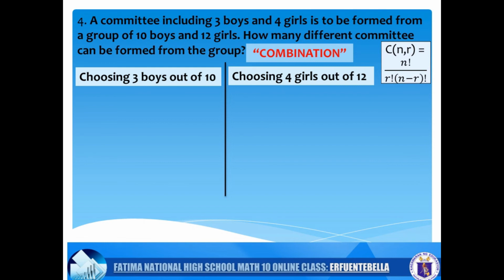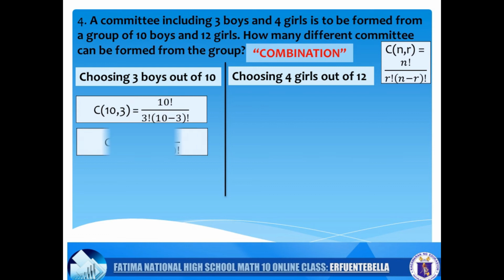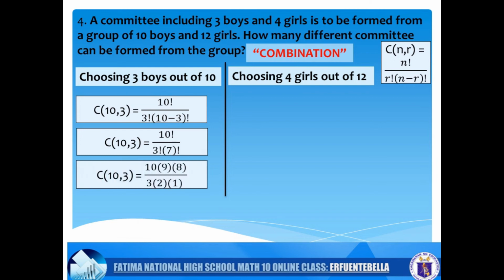In choosing 3 boys out of 10, we have this combination formula. So the combination of 10 and 3 is equal to 10 factorial all over 3 factorial times the quantity of 10 minus 3 quantity factorial. So let's simplify. It becomes now 10 factorial over 3 factorial times 7 factorial. Okay, so we cancel already the 7 factorial.